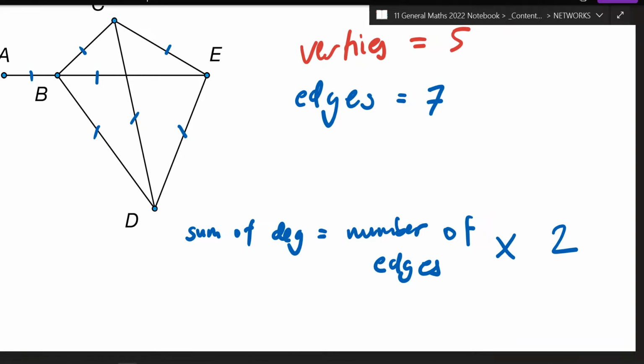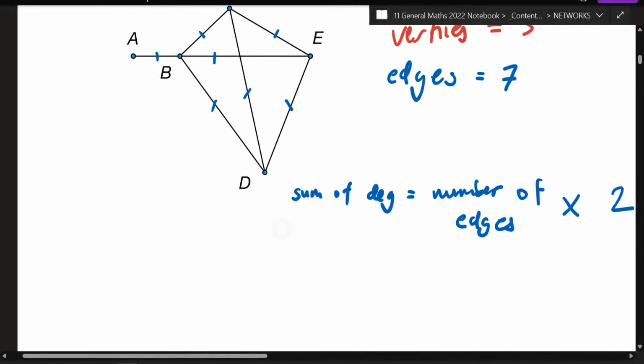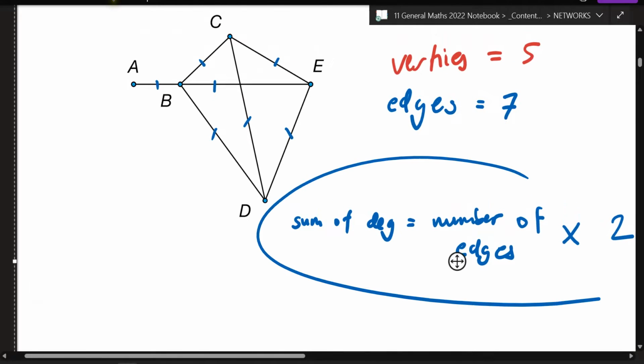If I was to do this the long way, it would take a while, but that's why we do the shortcut instead.